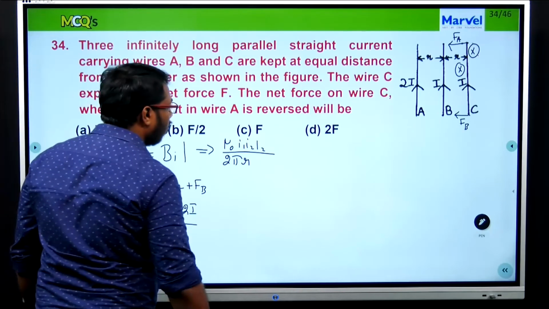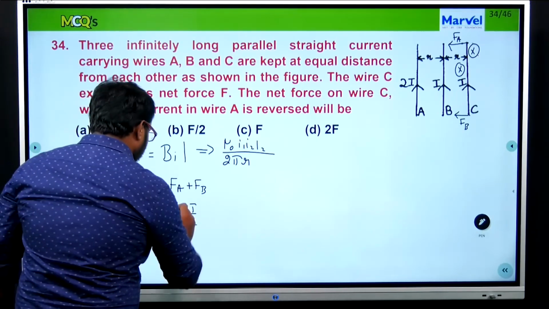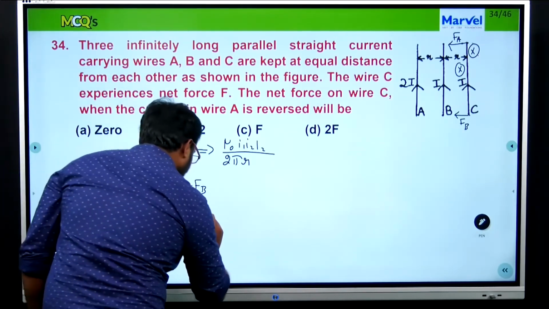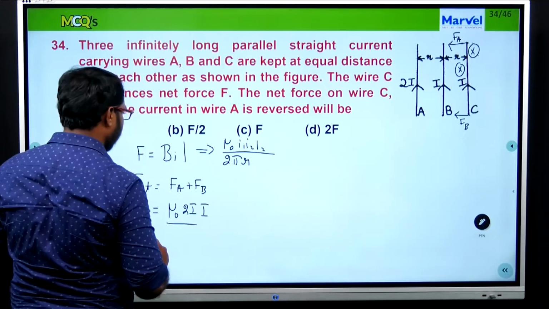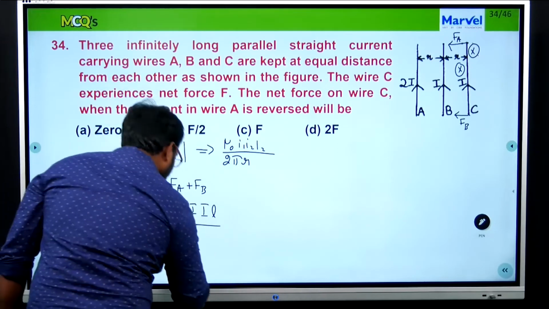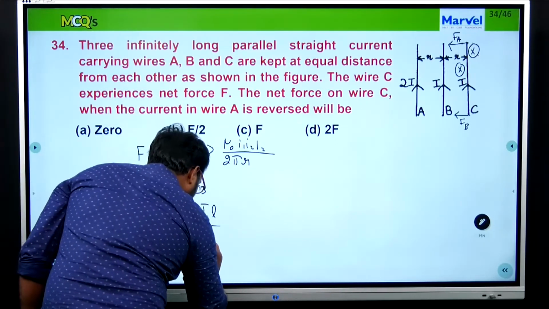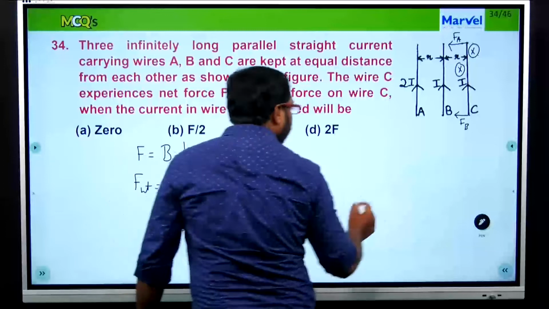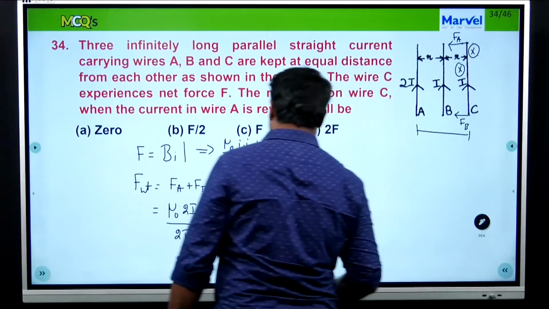Okay, so now mu naught into 2I into I times L divided by 2 into pi into 2R, because the distance between this is 2R.